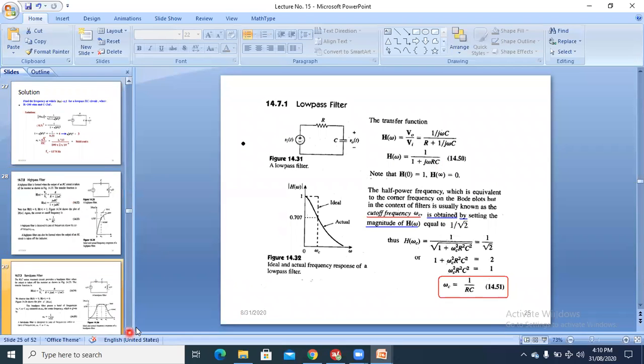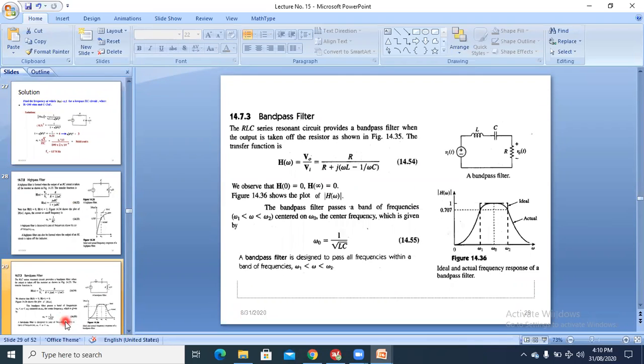So we have the RLC filters, which are the band pass filters, and we have recently found the resonant frequency for it. The resonant frequency is the center frequency of the circuit.